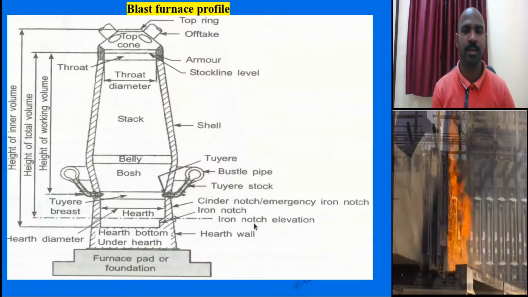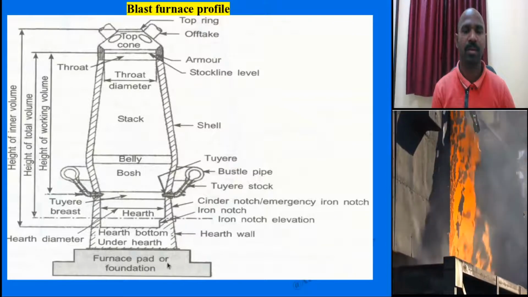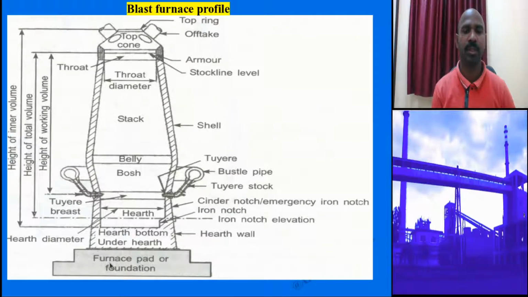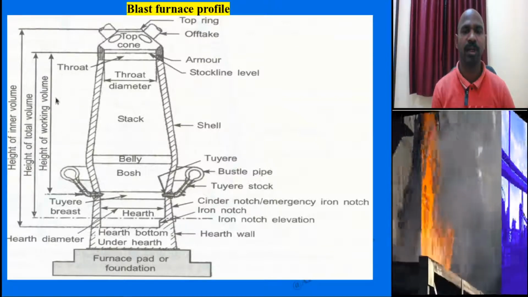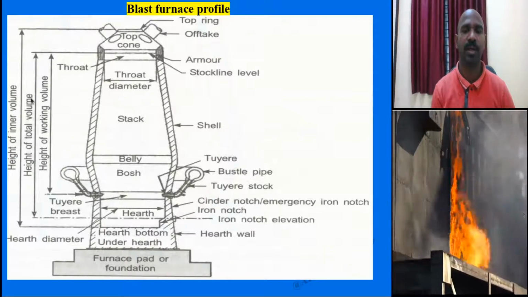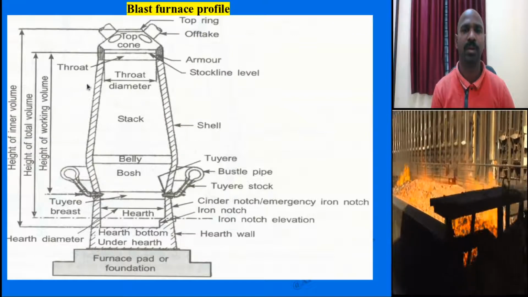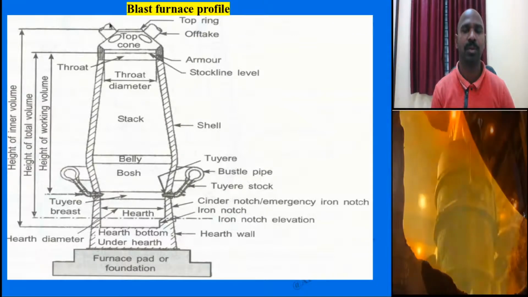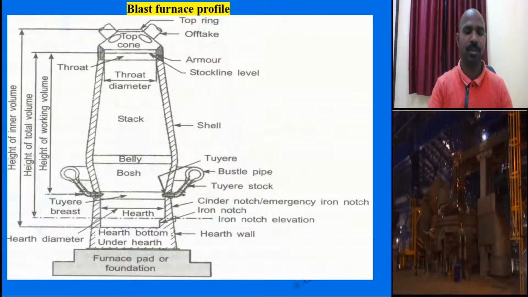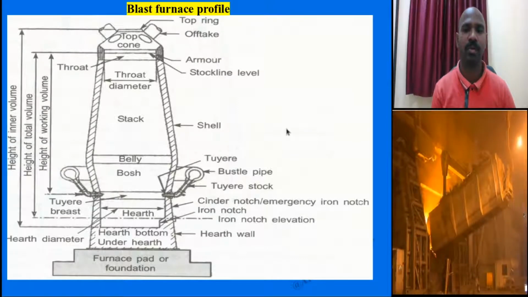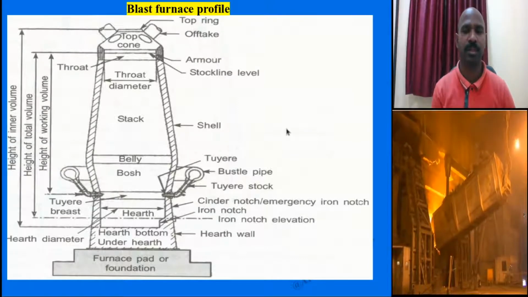The foundation is a concrete construction, and there is the working volume, inner volume, and total volume. There will be top rings through which the gases exit and go out from the blast furnace.